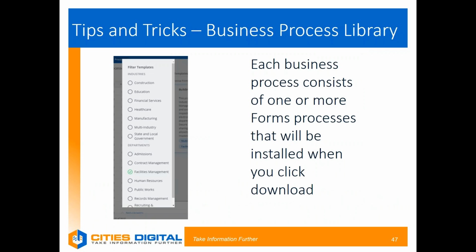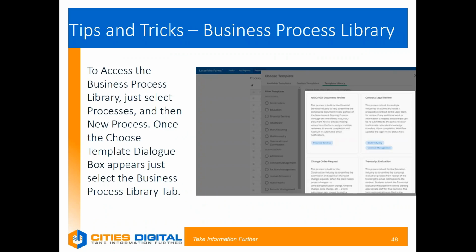So you just go right to the business process library in Forms, select processes, and then a dialog box will open up, and you're going to create a new template, and then there'll be a business process library tab right there. So you can select, as you can see, several different ones. They're grouped into categories for you. It's really easy to access.